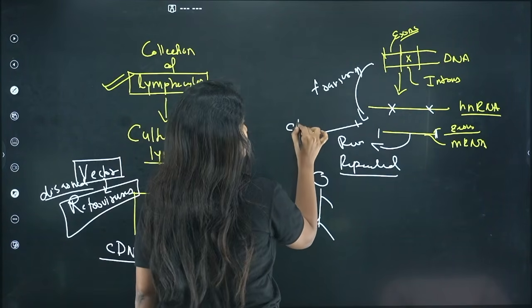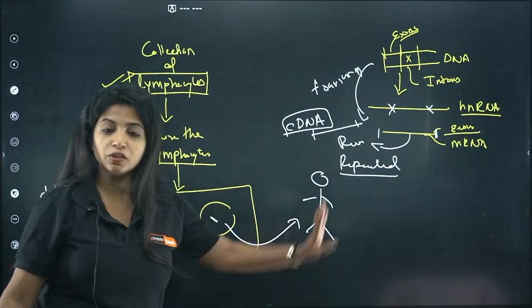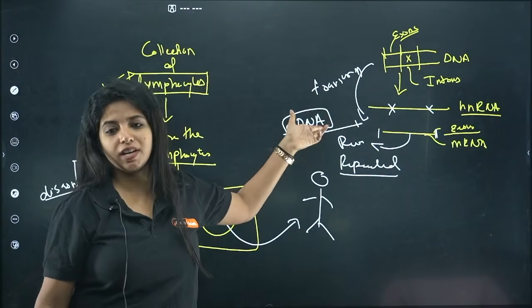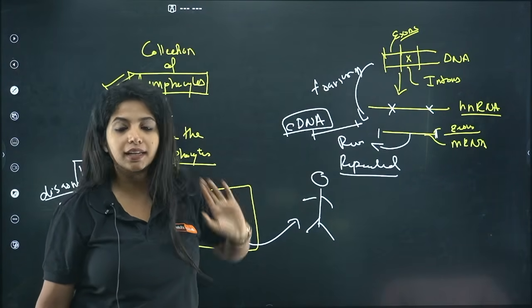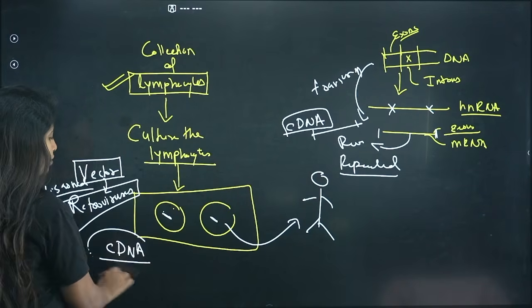You call this cDNA, the complementary DNA. Complementary to what? The mRNA. You do reverse transcription, my dear children. You make the DNA. This DNA is known as cDNA, that is complementary DNA. That's all. And this complementary DNA is what you are going to insert into the cells.